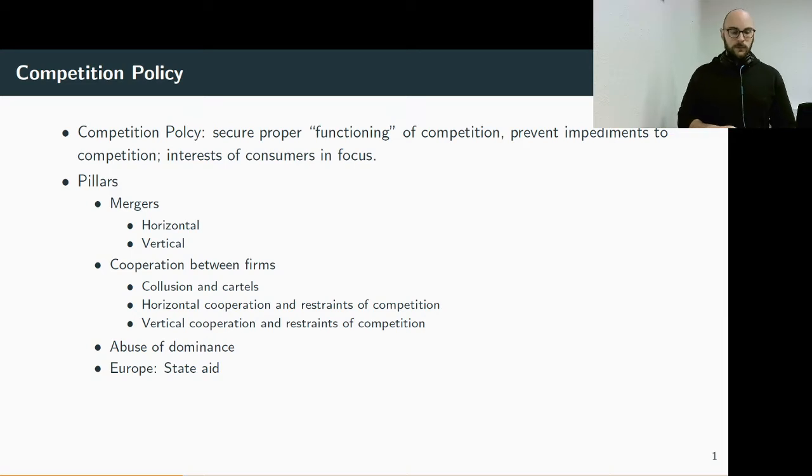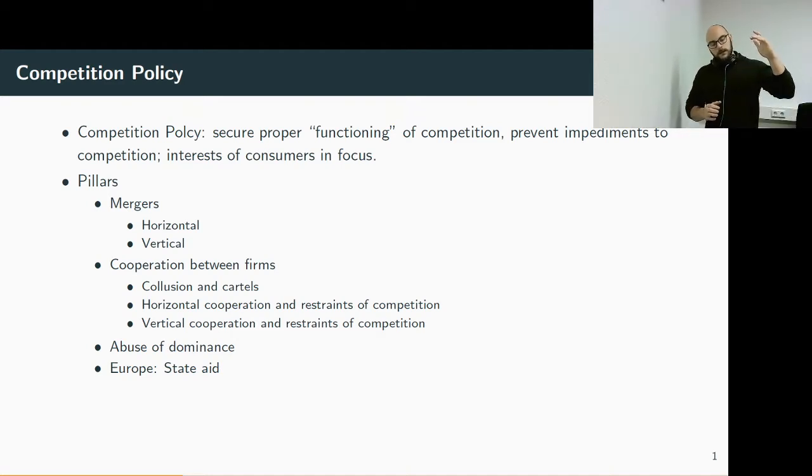The first area is mergers. And when we talk about mergers, it's basically two firms or more becoming a single entity, right? And this could be horizontal or vertical. What does this mean? Well, horizontal means you're in the same tier of the market, right? So if one car manufacturer merges with another car manufacturer, then you have a horizontal merger, right?